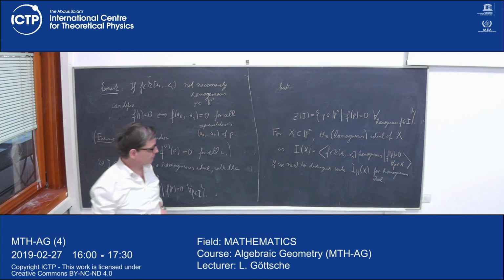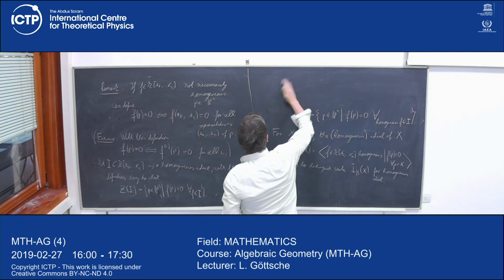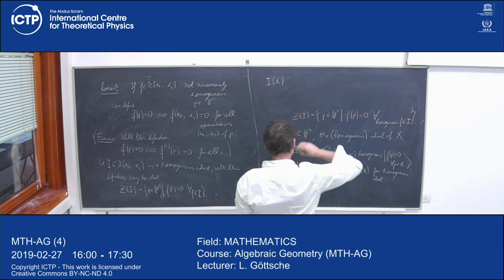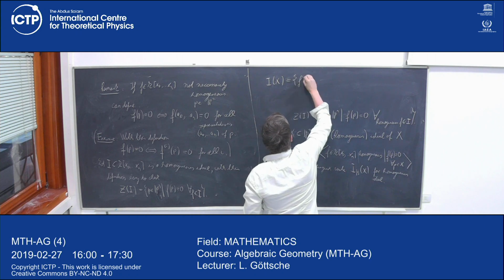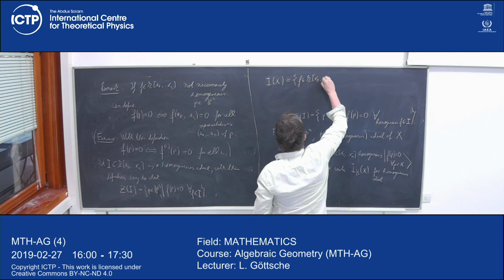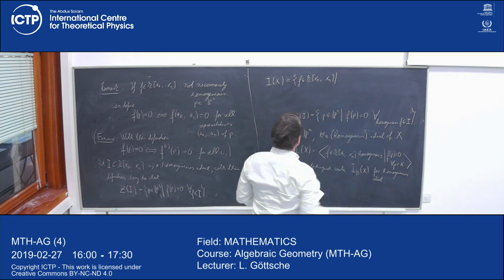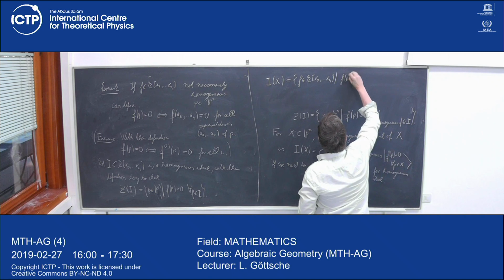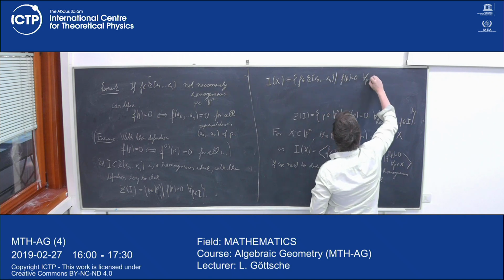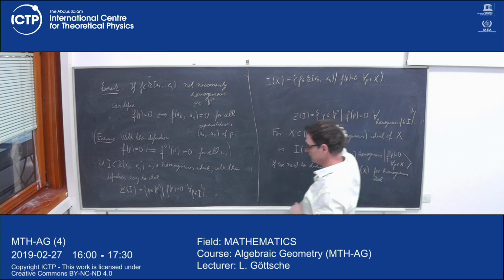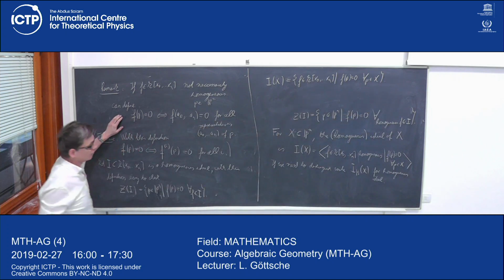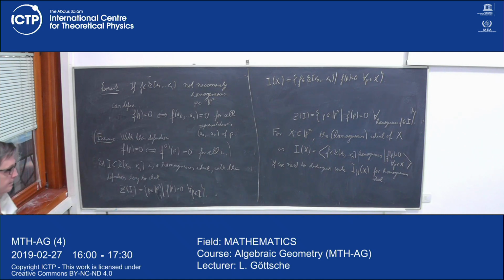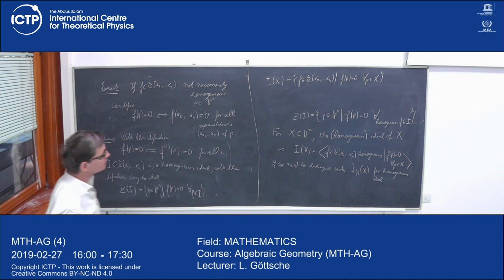And in the same way, we can also reformulate what the ideal is. The ideal of X doesn't have to be the ideal generated by something, but will just be the set of all polynomials f in K[x0,...,xn] such that f of P is equal to 0 for all P in X. So if we are willing to take this more complicated definition, then we can write the usual definition like this.